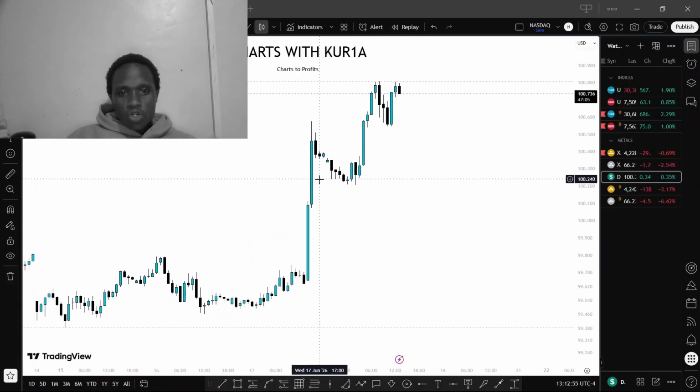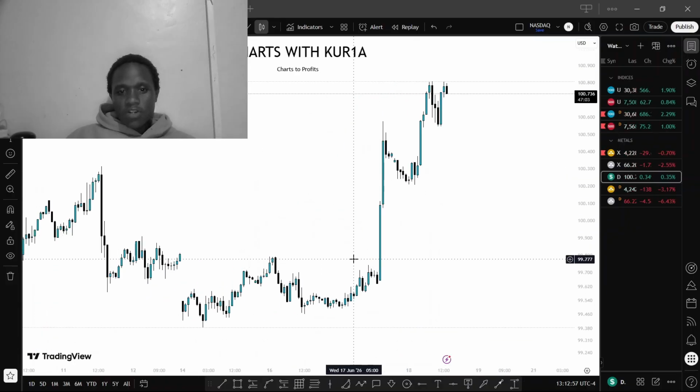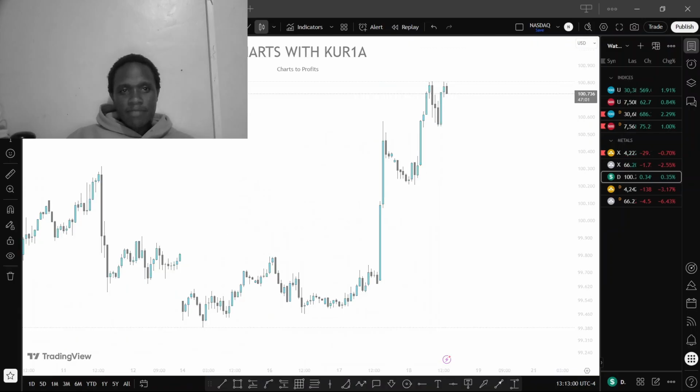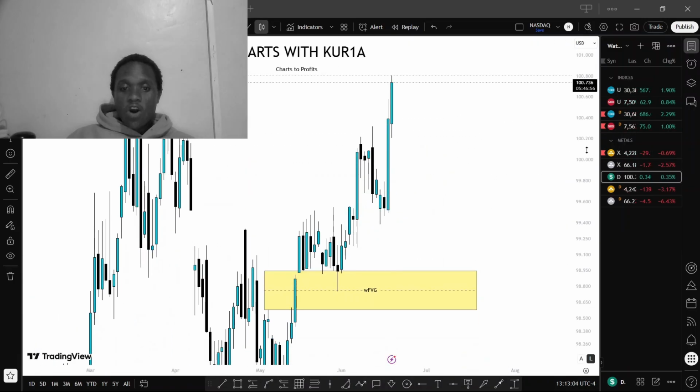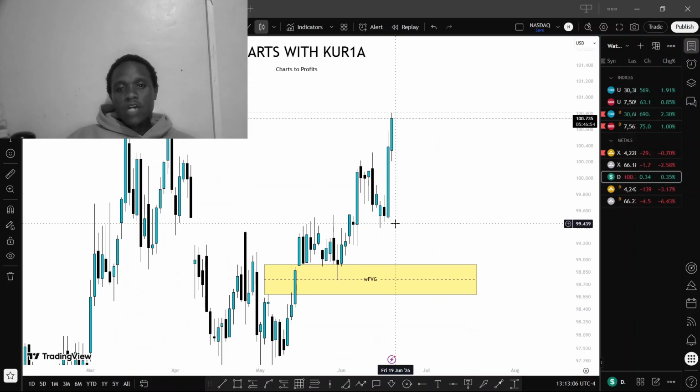What do we have here on DXY? On DXY we have the opposite thing happening, which is usually what I want to see on the daily chart. Remember, I told you I start my top-down analysis from the top, then I come aligning confluences from the higher time frame to the lower time frame. On the daily, what I noticed is that on Monday we had the daily candle retesting this daily propulsion block, or maybe still another block.